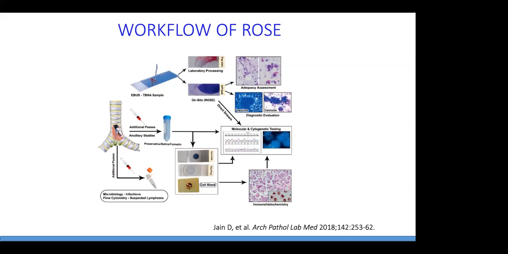For example, if I'm looking at a non-small cell lung cancer, I know that probably I will need immuno and molecular studies. If I'm looking at a lymphoid proliferation, probably I will need flow cytometry. And during the procedure, I can separate this material according to the further studies that could be needed.